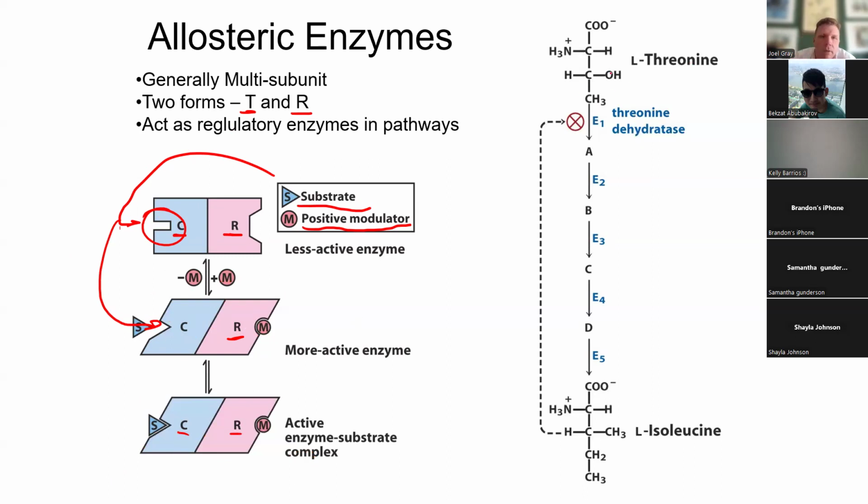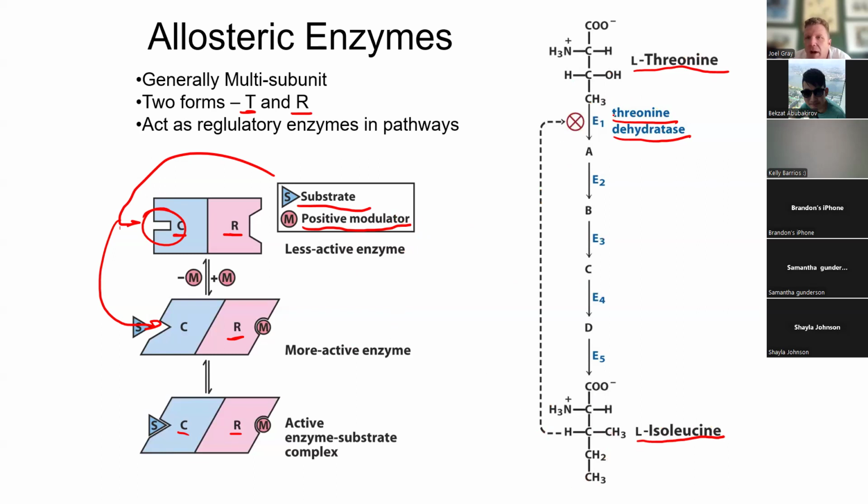Now, similarly, there are negative modulators. There are inhibitors. For example, here what we see is the metabolic pathway going from the amino acid threonine being converted to isoleucine. Isoleucine serves as a feedback inhibitor by inhibiting the function of threonine dehydratase.